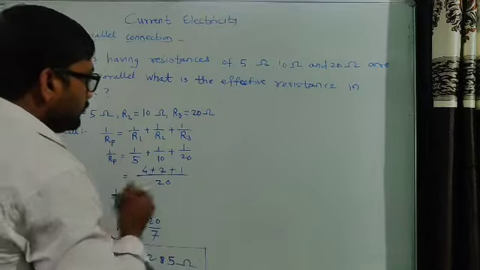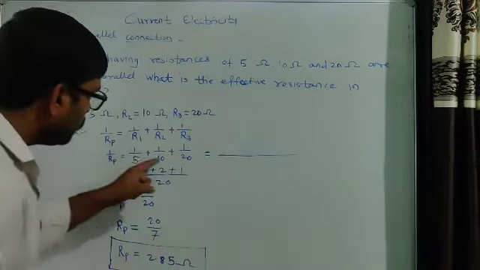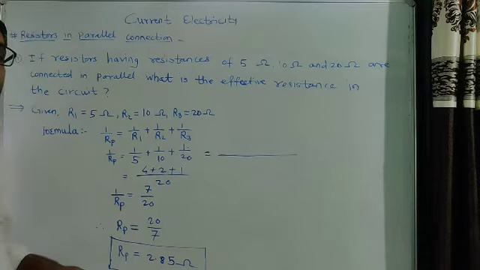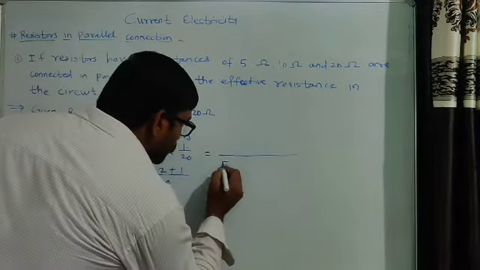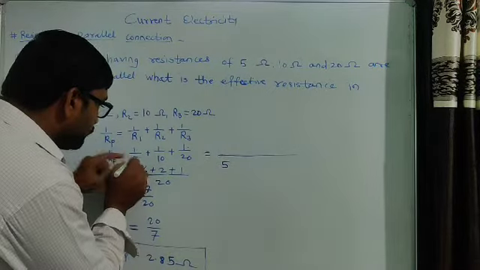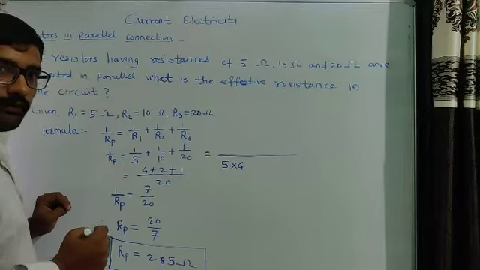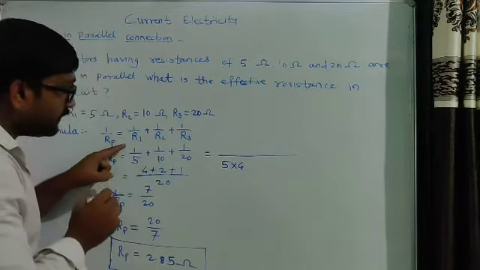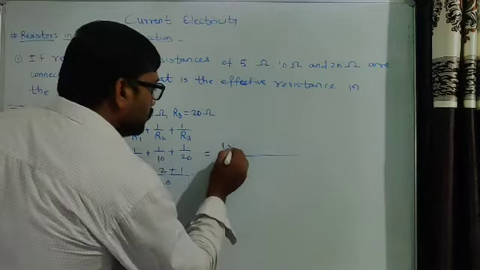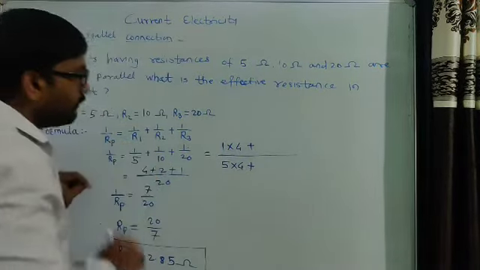Now we have to make the common denominator 20 for all these three terms. First, 5. To make this denominator 20, we multiply by 4, 5 into 4 is 20, and we multiply the numerator by the same number, so 1 into 4. Plus the second term, 1 by 10.